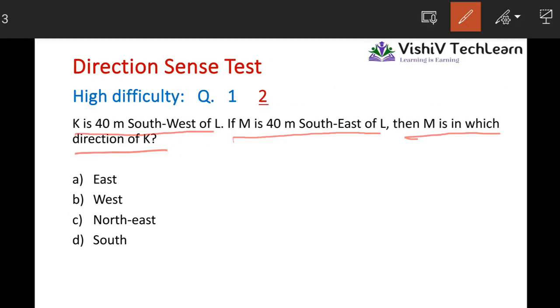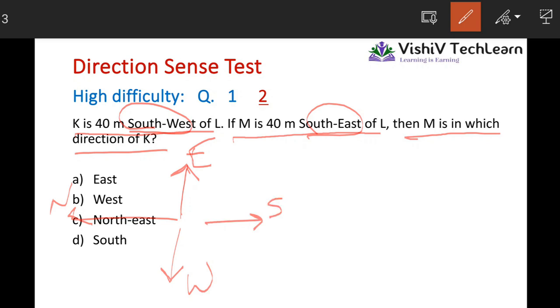Now here the directions are southwest and southeast. So let's draw the directions first. As usual, we will draw east on the upper side. On the downward side we have west. On this side we have north, and on this side we have south. Now southwest we need to consider. This is southwest, and southeast we will consider this as SE.